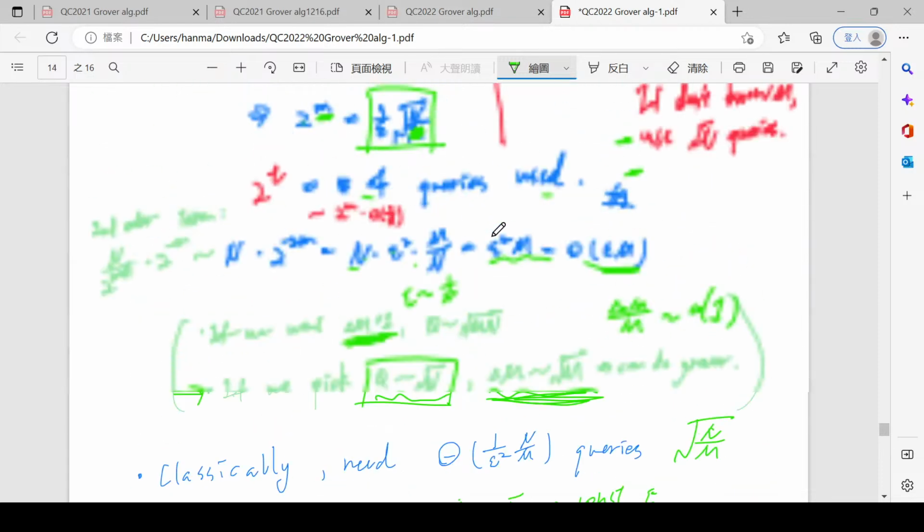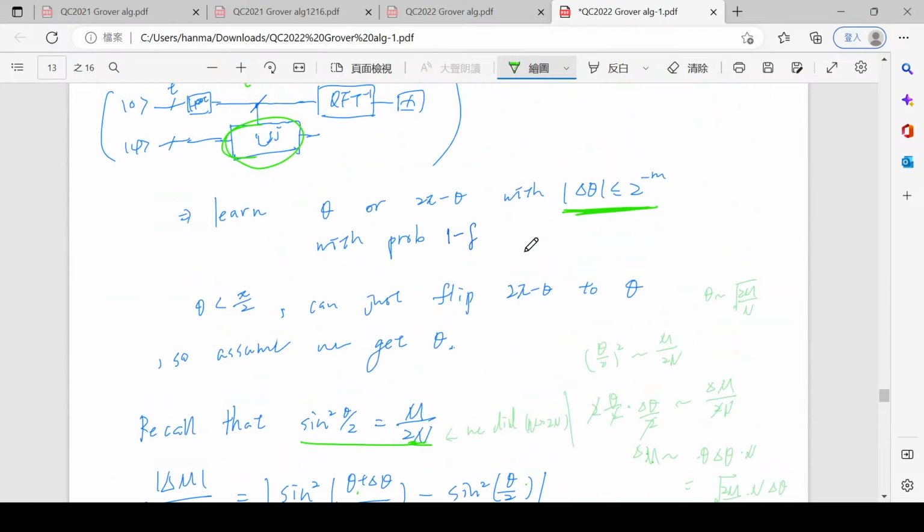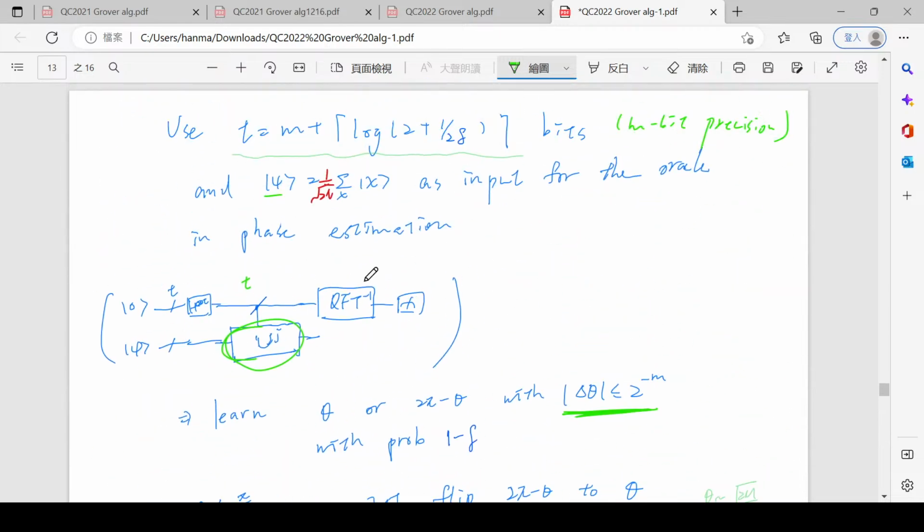Because you see this is a global algorithm, but to do counting you don't really need to combine the QFT thing. QFT is pretty hard to implement. So there is a way to do just global iteration. And we'll see that next time.